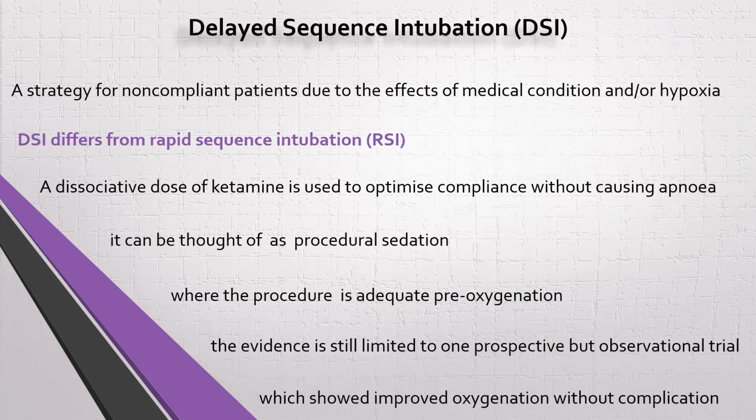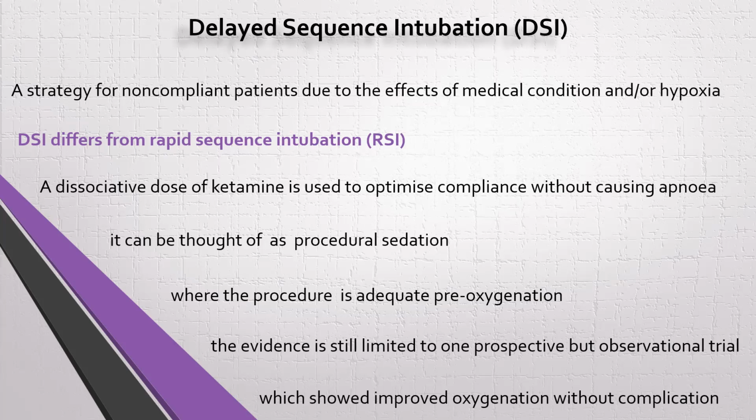What about delayed sequence intubation? Delayed sequence intubation is a strategy especially for non-compliant, unconscious, or agitated patients due to the effect of a medical condition or the presence of hypoxia. You have to understand that delayed sequence intubation is different from rapid sequence intubation. In delayed sequence intubation, we separate induction from giving neuromuscular blockade.